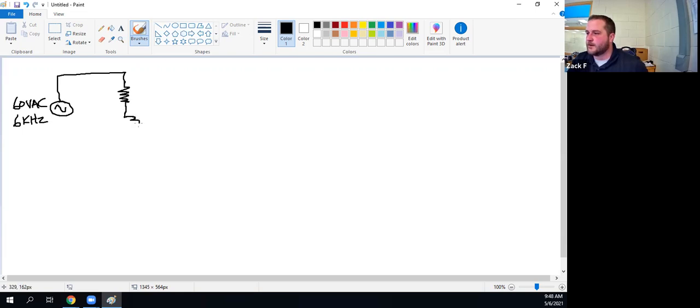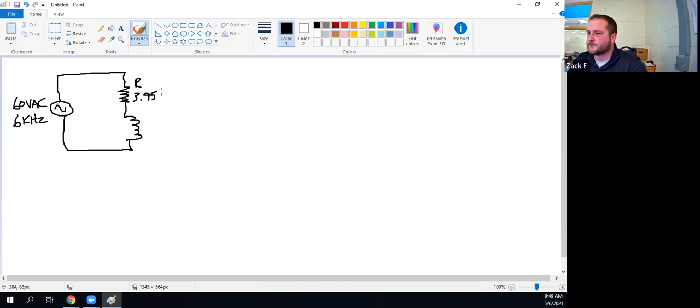And then this is the symbol for an inductor. Look familiar to you? Remember what the transformer looks like? So we're going to have R is 3.95 kilo ohms.